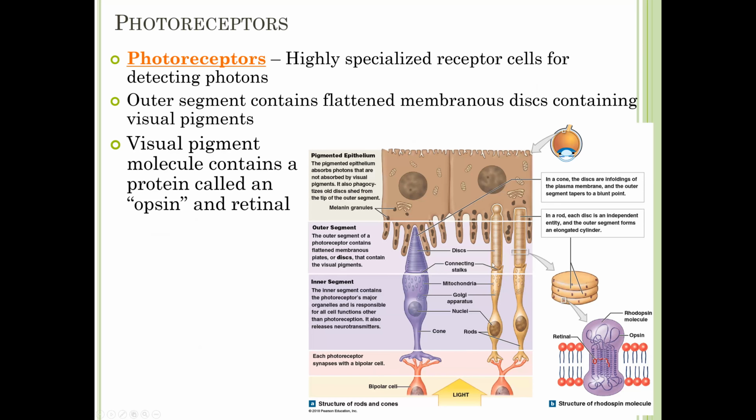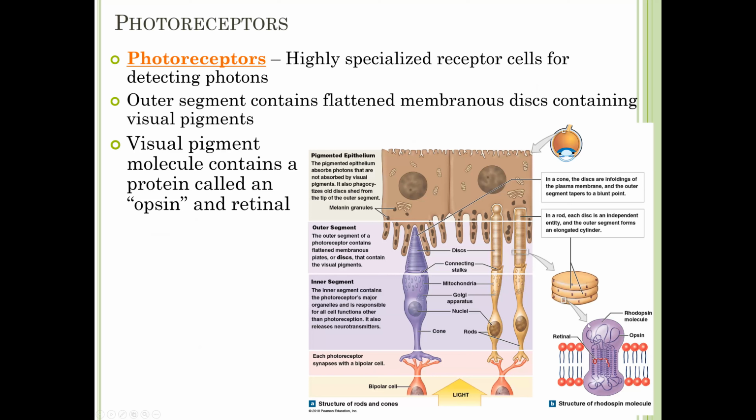When you look in these infoldings of membrane in the outer segment, this is where you will find visual pigment molecules, and the visual pigment molecules are the ones that actually will absorb the photons of light. And the pigment molecules are composed of two main parts. There is a protein shown in purple over here that looks a bit like a dumbbell called an opsin.